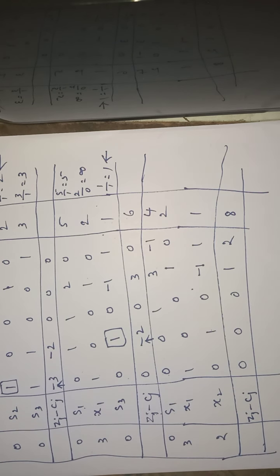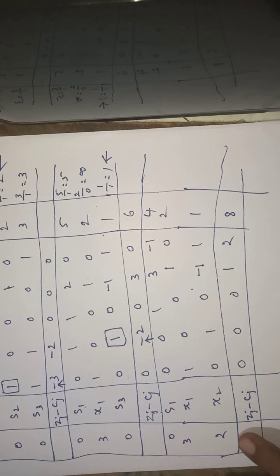Now if you observe the index row elements, we have got all the index row elements greater than or equal to 0: 0, 0, 0, 0, 1, 2. Oh, this is the index row, not this one. If you observe, all index row elements are greater than or equal to 0.